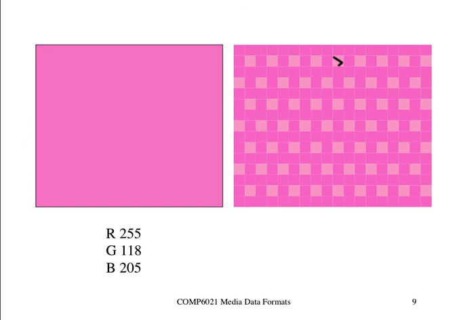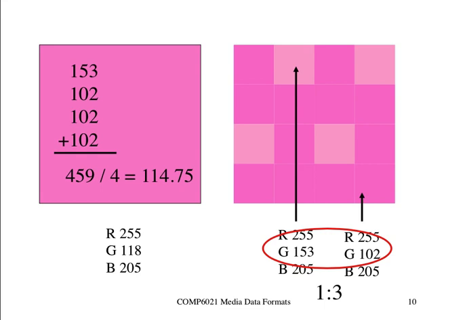So we want to get a color that has a red value of 255, a green value of 118, and a blue value of 205. But we don't have that in the palette. We do have in the palette some colors that are kind of in that neck of the woods.